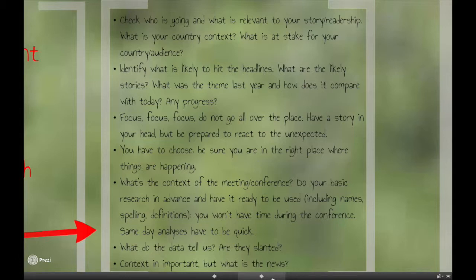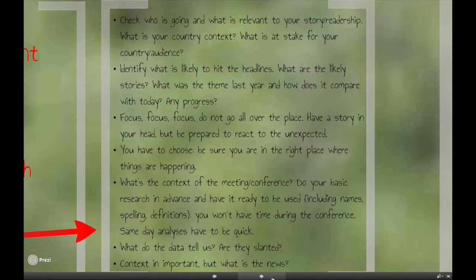Focus, that's a very important thing during covering a conference. Conferences include hundreds of issues, I would say, hundreds and thousands of sources of information. So you have to know what you have to prepare in advance, and you have to know what you are looking for, and also be prepared to react to the unexpected.